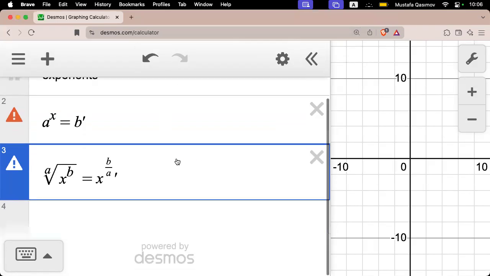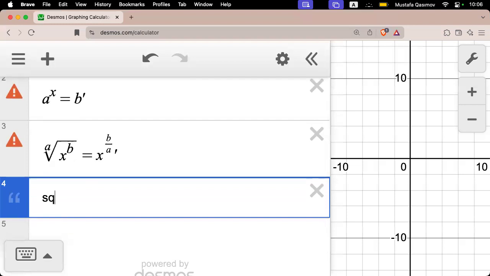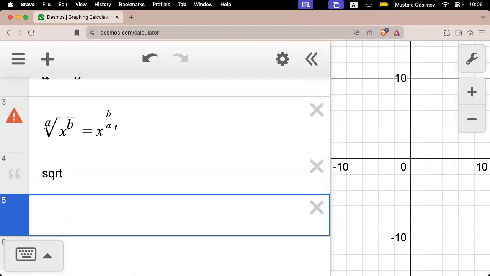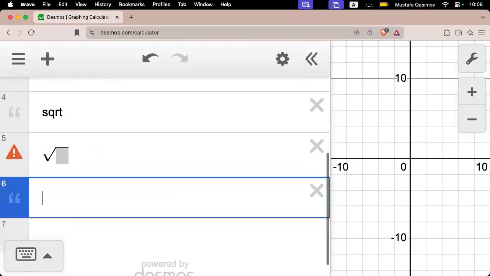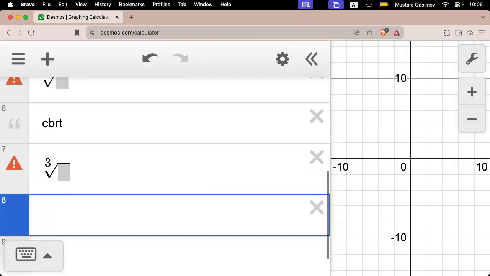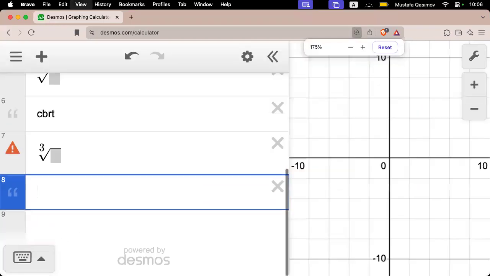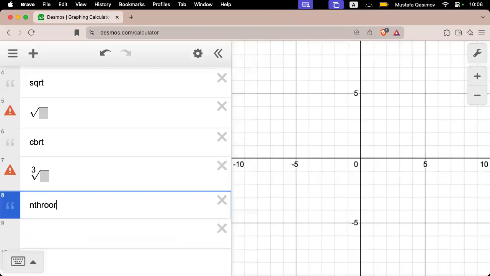And also we have some shortcuts here. I also want to write them. When you write square root, it will be like this. When you write cube root, it will be like that. And when you write nth root, it will be like this.